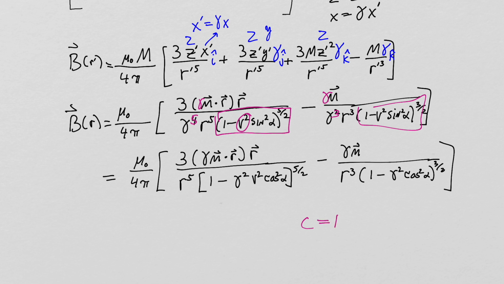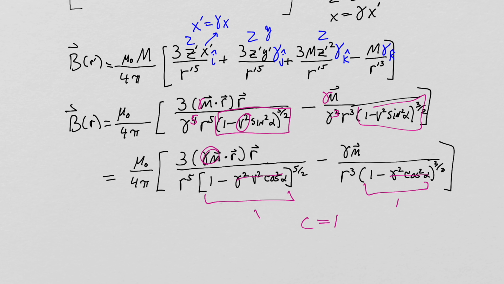So velocity squared, in the low velocity case, we could ignore that whole term. This term goes to 0 and that term goes to 0, and this whole thing goes to 1 and this whole thing goes to 1. And then it looks exactly like a magnetic dipole where the dipole moment is affected by gamma.